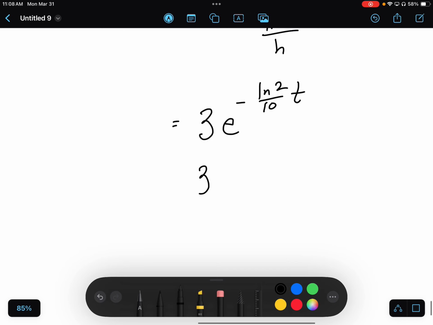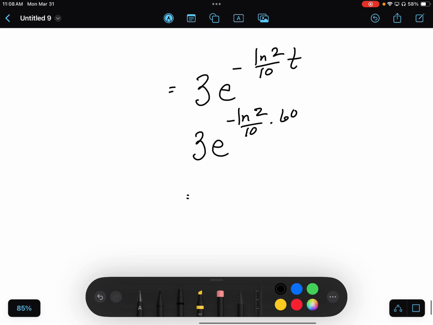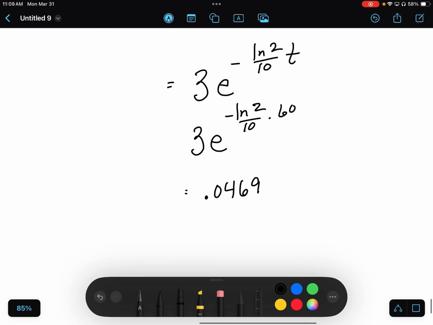So the time also has to be in the same unit of measurement. So 3 e to the negative ln of 2 over 10 times 60, and after that I got 0.0469 if I round, grams.